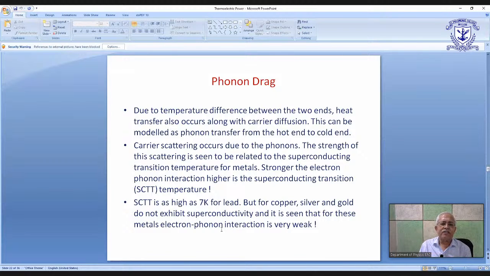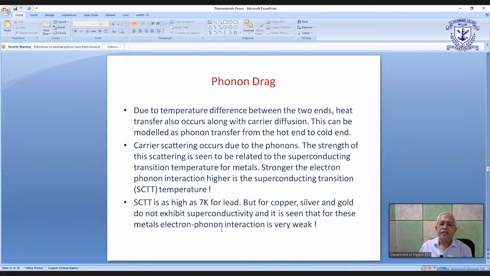Okay, so the strength of this electron-phonon scattering in the metal gives us a measure of the superconducting transition temperature for metals. Stronger the electron-phonon interaction, higher is the superconducting transition temperature. It is seen for lead that the superconducting transition temperature is of the order of 7 degree Kelvin.